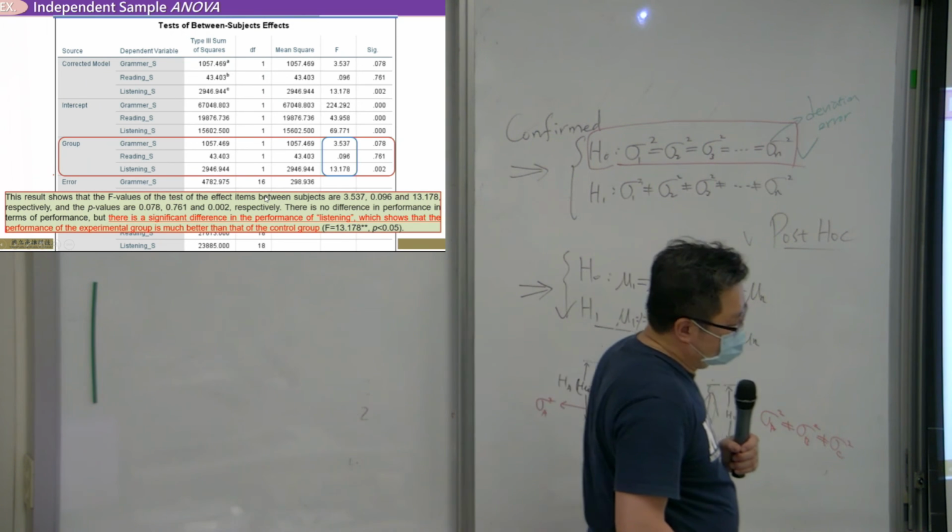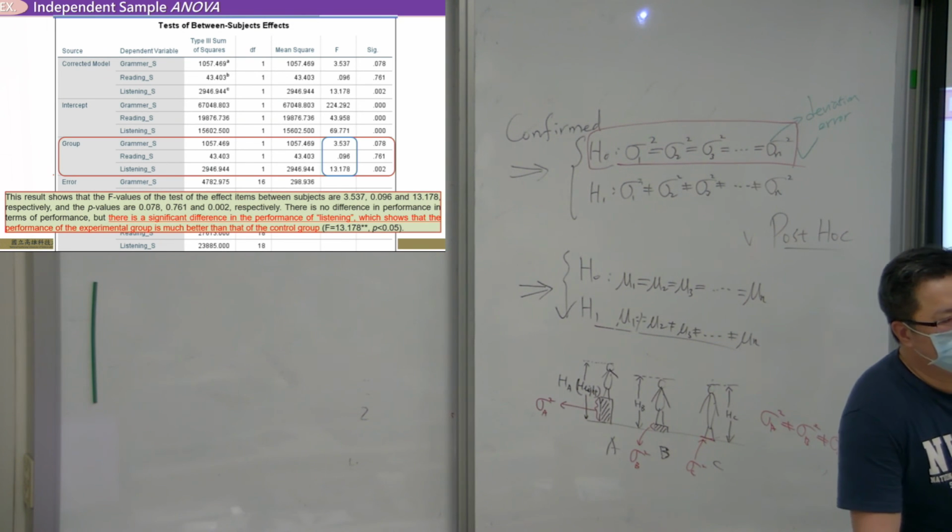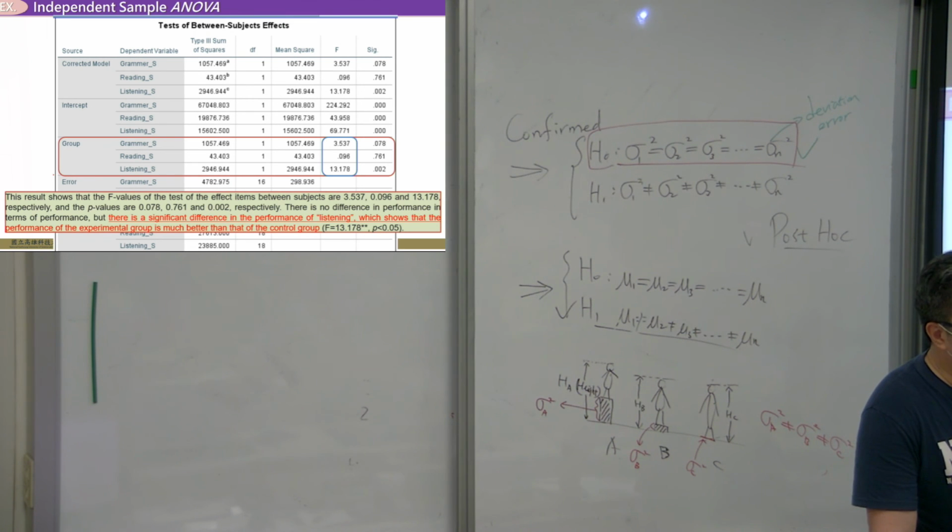Okay, time is short. The dependent sample ANOVA, I will ask Miss Sari to give you the data. You go home to practice by yourself. It's similar to the t-test. But finally, I will teach you again.